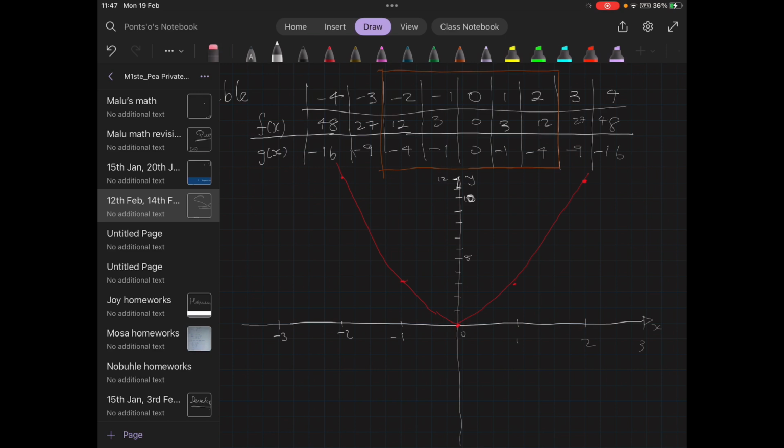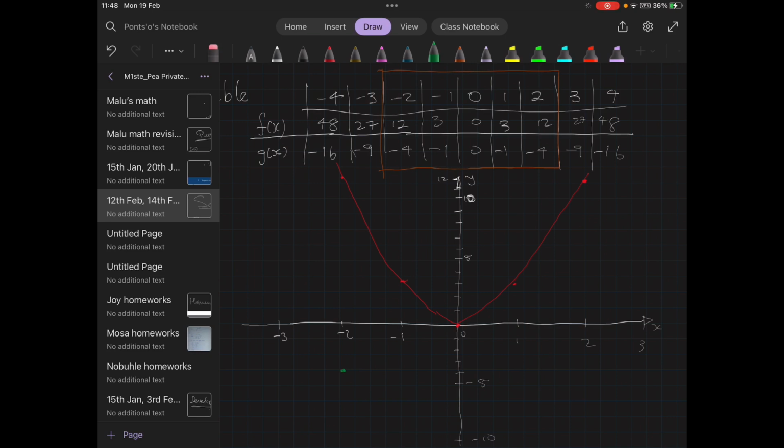Let's start with white. Negative 5. Negative 10. 1, 2, 3, 4. Okay. I'll use green for the other one. So at negative 2, I have negative 4, which is somewhere there.